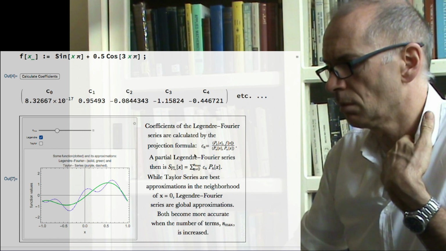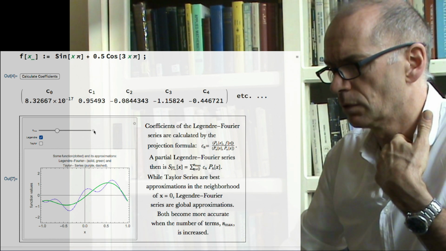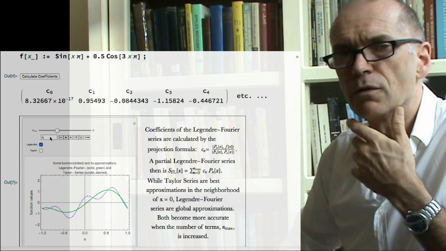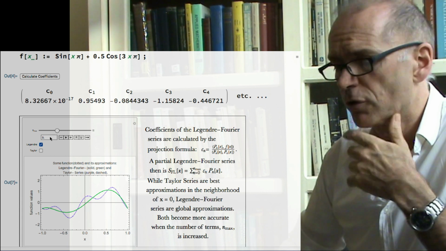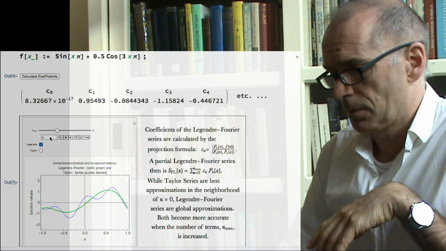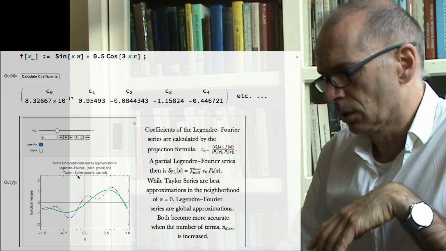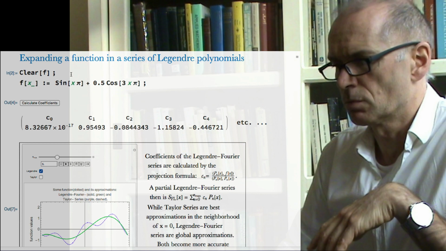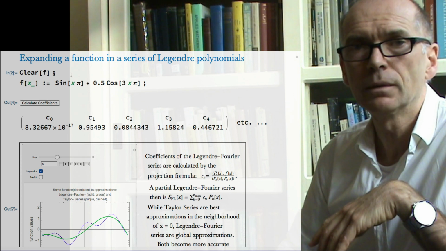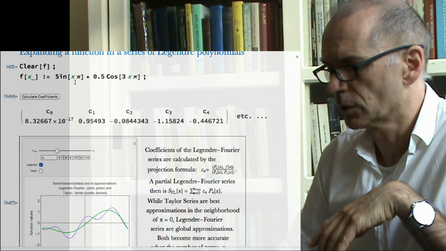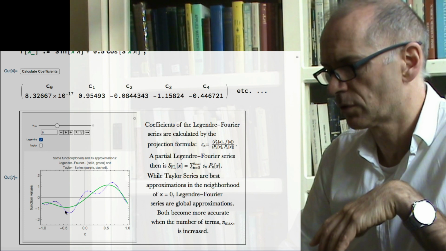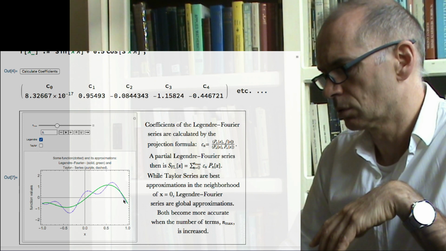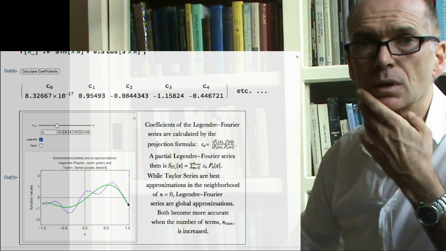But it stops at n max, so I can show the value. It stops at 5, so I have now 5 polynomials added up. And the function that I would like to approximate is plotted as the blue dashed curve in this plot.